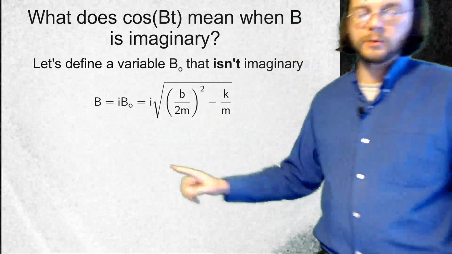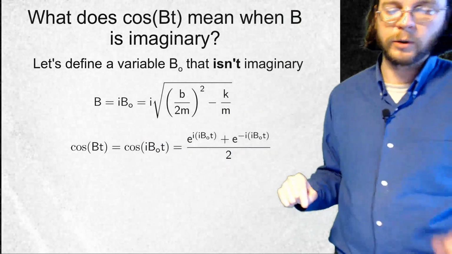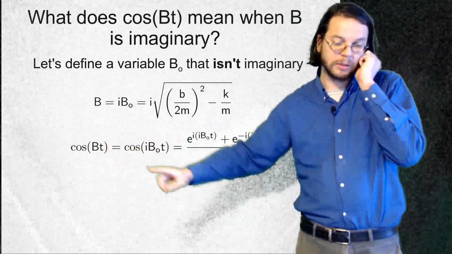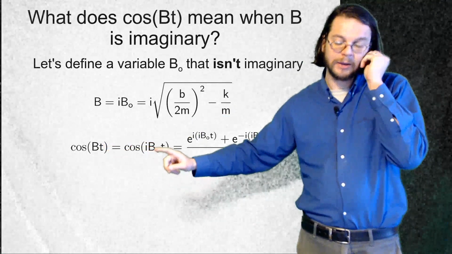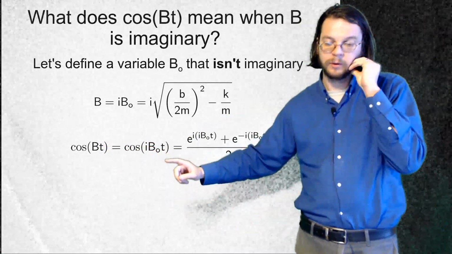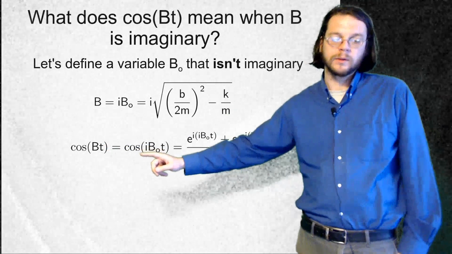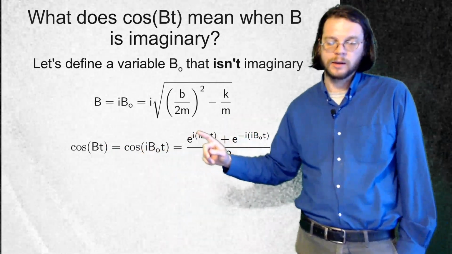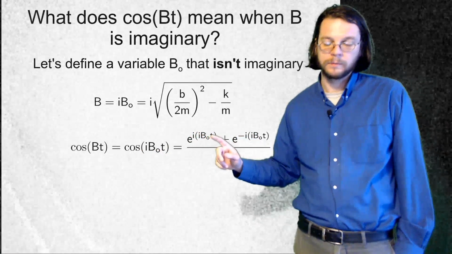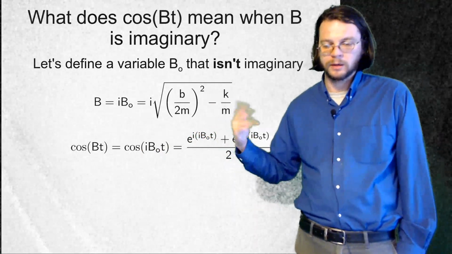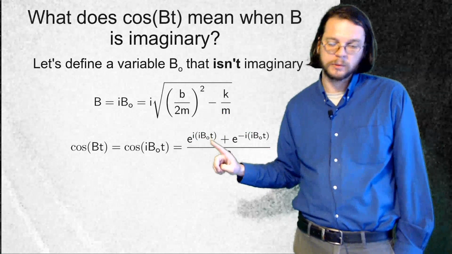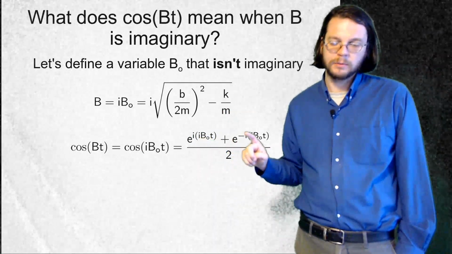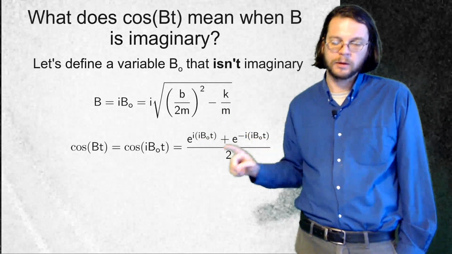And so now we can stick this into our equation, right? Because cosine of big B times t equals cosine of i b0 times t. And so this is our angle, and so this is e to the i theta. Theta, don't worry about it as an angle. It's just typically the variable that we put in there. And so we get this plus e to the minus i times blah, blah, blah.